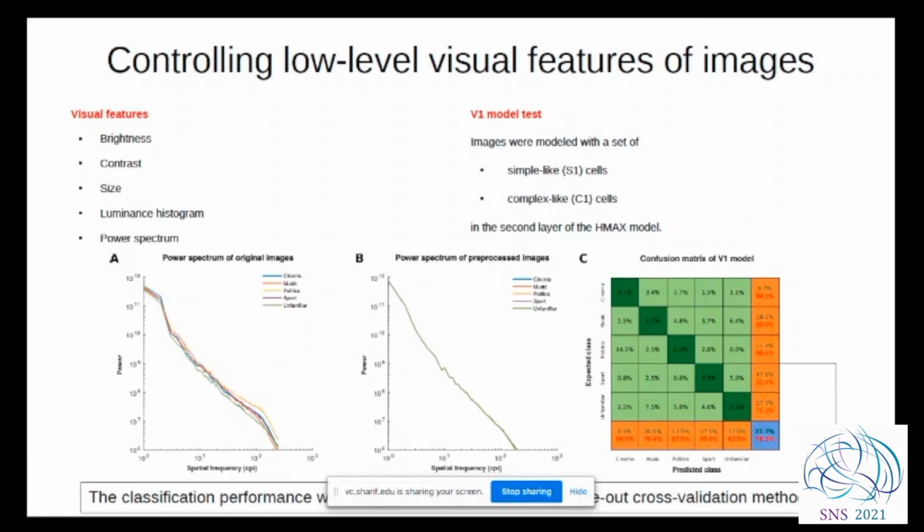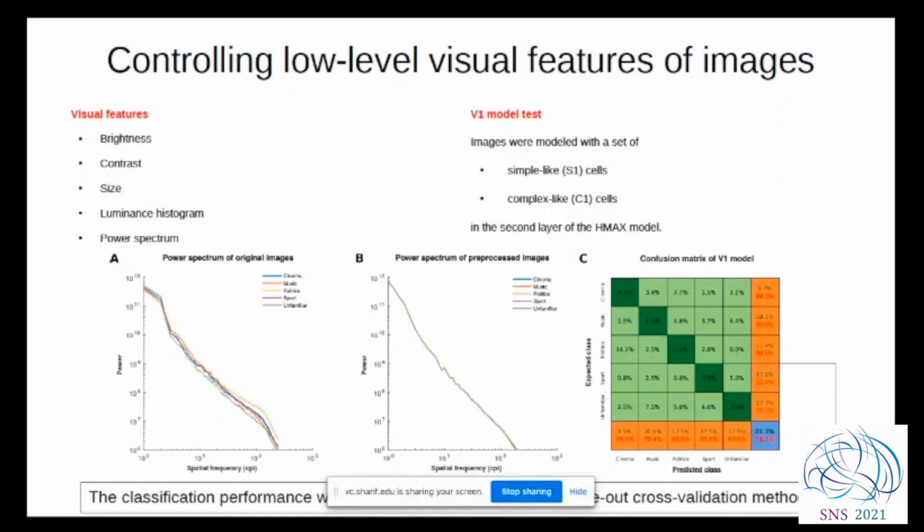So we did a very careful matching. We matched our stimuli based on brightness, contrast, size, luminance histogram, and power spectrum. We used the SHINE toolbox for this equalization process.